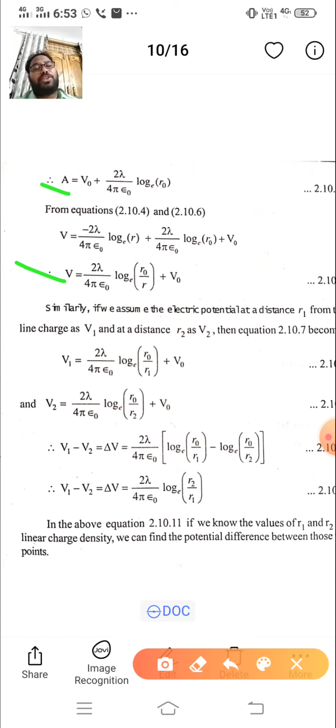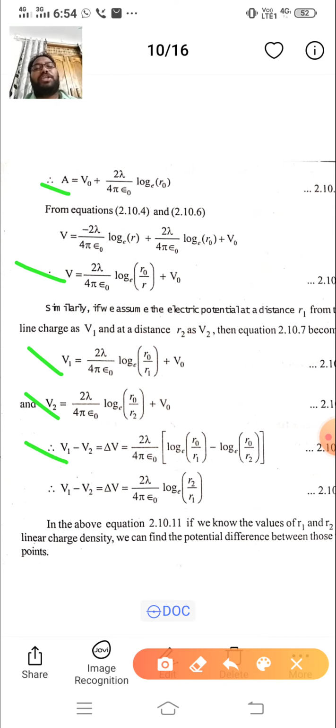Let us assume R1 and R2 are two distances. Then V1 equals 2 lambda by 4 pi epsilon naught into log to the base e R naught by R1 plus V naught, and V2 equals 2 lambda by 4 pi epsilon naught into log to the base e R naught by R2 plus V naught.